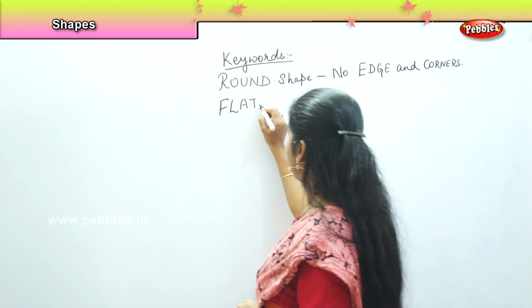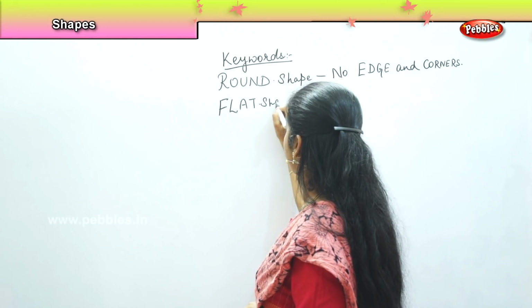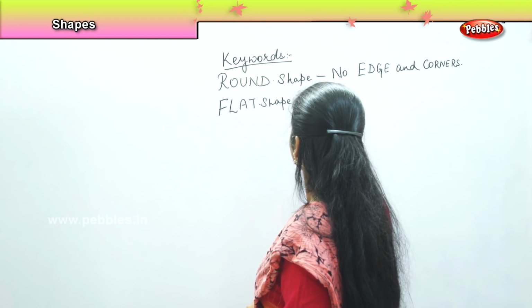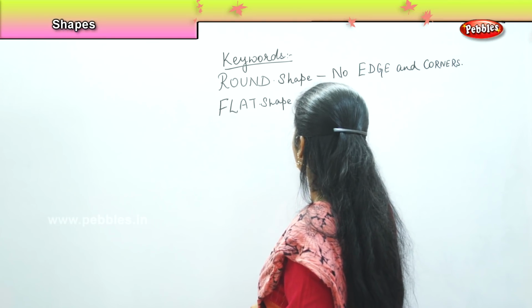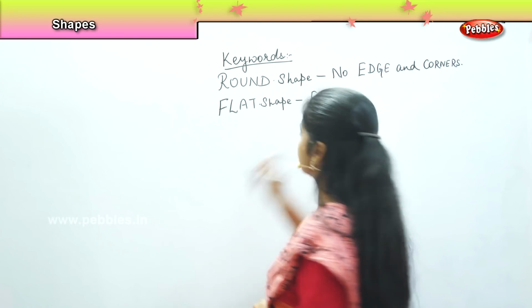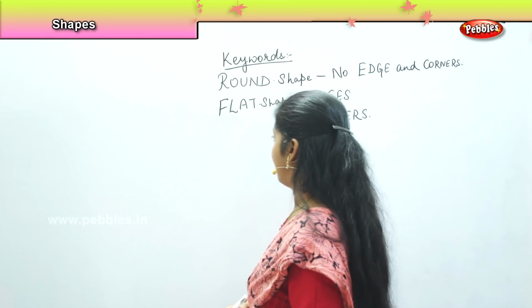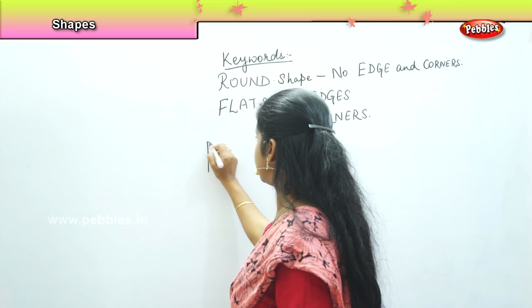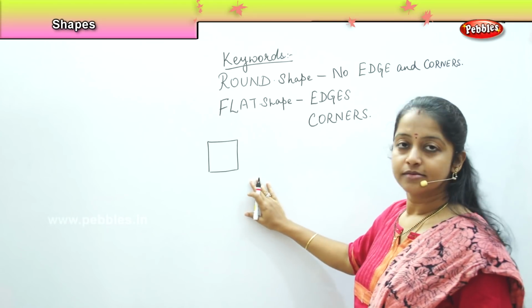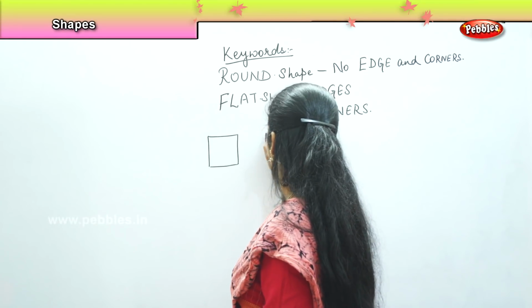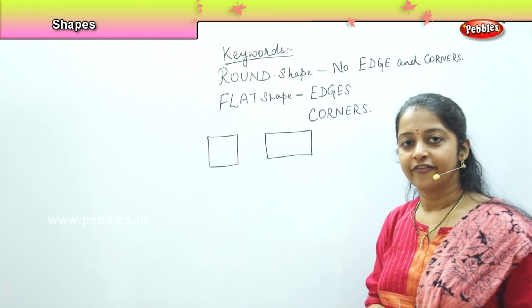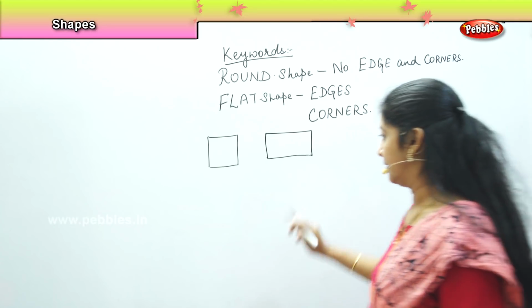In flat shapes, we have got the edges and the corners. For example, now what shape is this? This is a square. What shape is this? Very good. This is a rectangle.